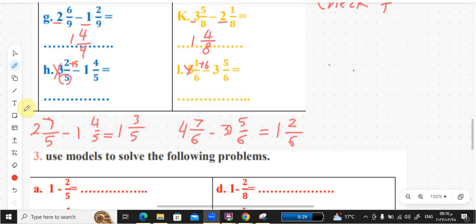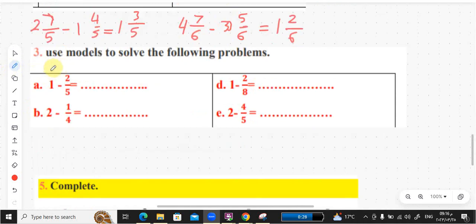Okay, let's move to question number 3. Use a model to solve the following problems. We don't use the model, we will solve it only, okay? So here, 1 minus 2 over 5. I can't subtract a whole number minus a fraction. How can I solve it, Miss? I will go back one step with the whole number, and the fraction has the same denominator.